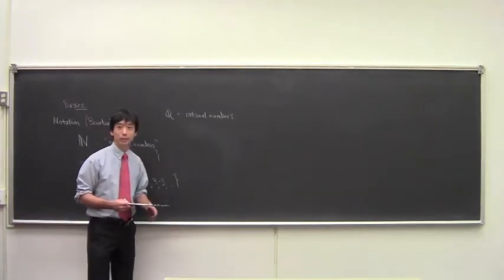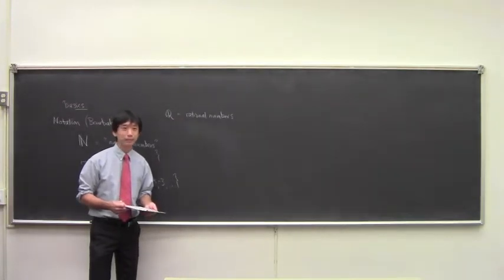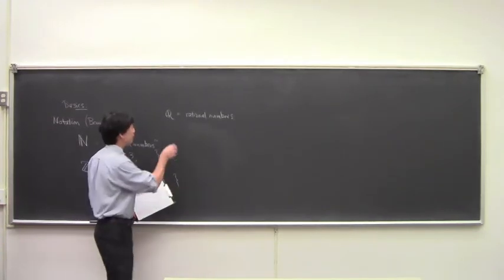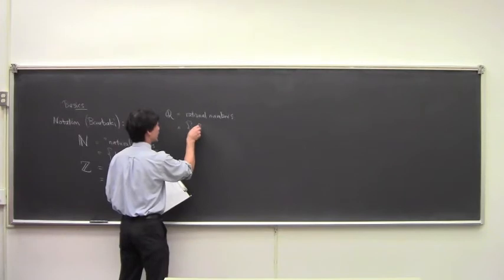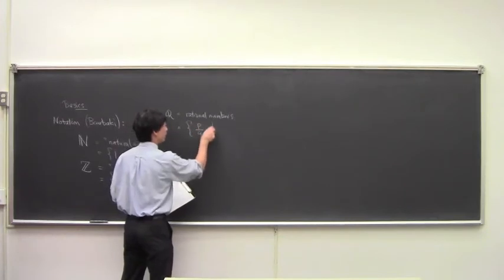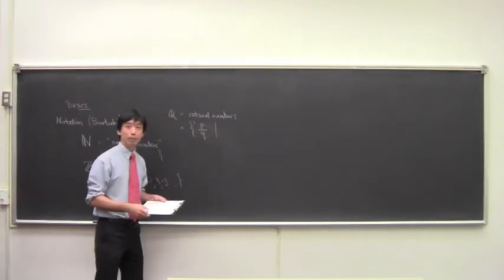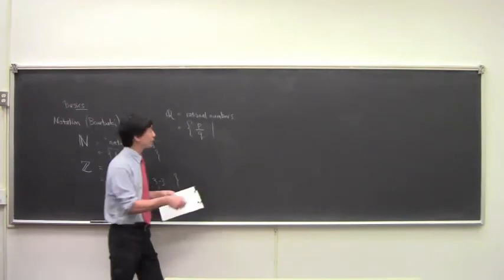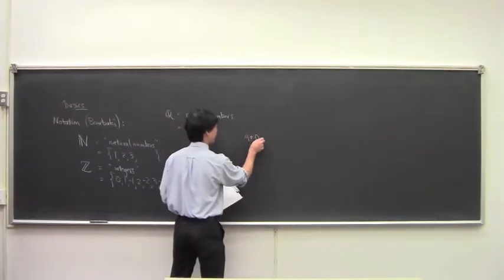Okay, so rational numbers. Who can tell me what the rational numbers are? Fractions? Fractions, okay, so fractions are things that look like P over Q, where P and Q are what? Can they be anything? Q cannot equal 0. Q is not equal to 0, right?